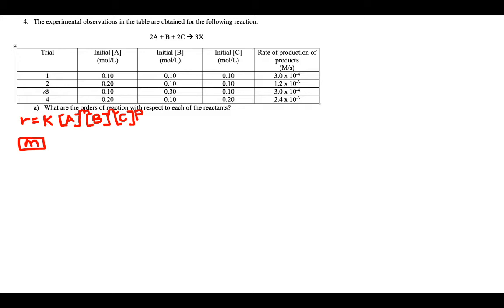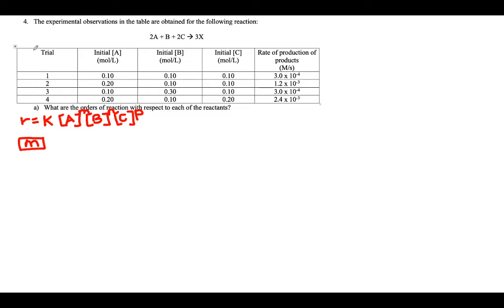In both of those trials, I have to make sure that the concentration of the other reactants stay consistent between them. So let's choose trial 1 and 3. If I'm choosing trial 1 and 3, my other reactants, so that's B and C, have to be consistent between them. The concentration has to stay the same.